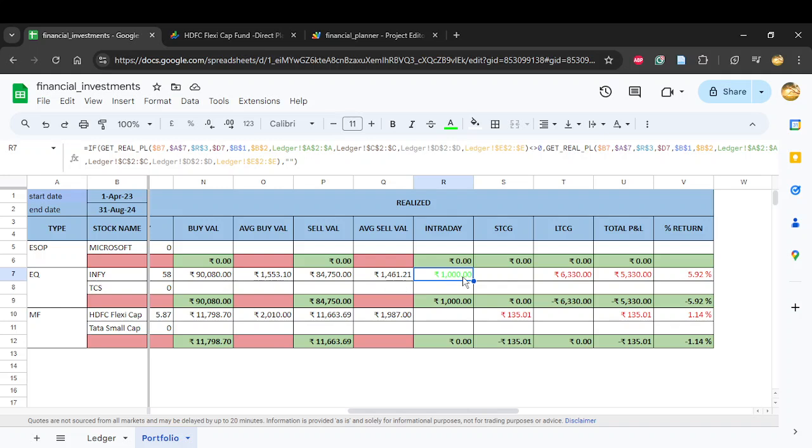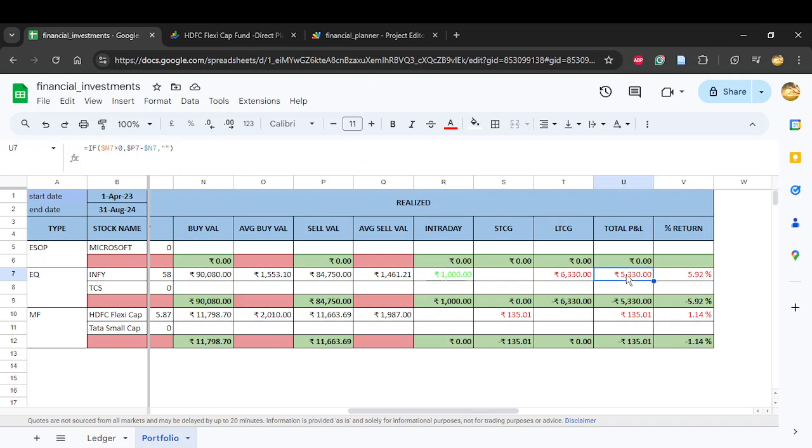What was the intraday profit, and what was the long term capital gain and the short term capital gain. I don't have any short term capital gain in this share, but I have a long term capital gain. And what is the total profit and loss from the selling of this share between these two times, 1st April 23 to 31st August 24.